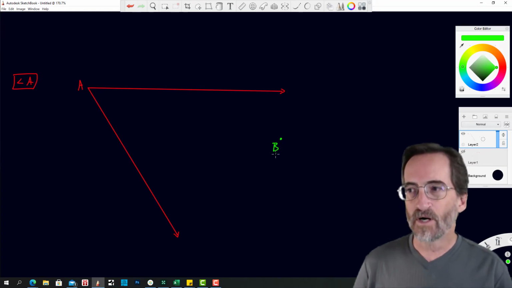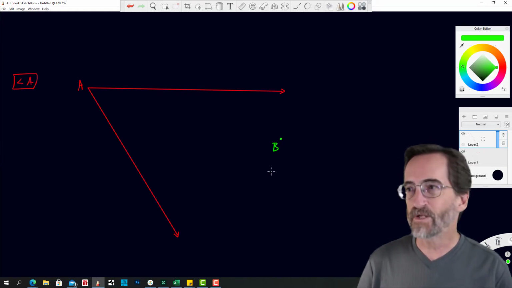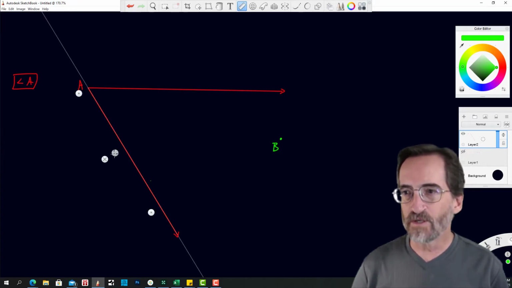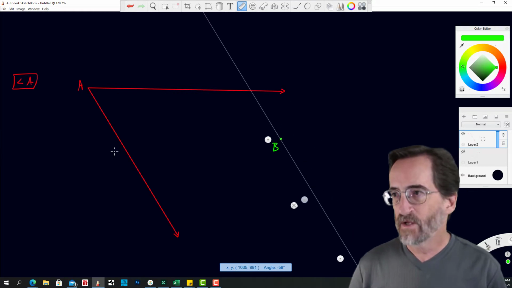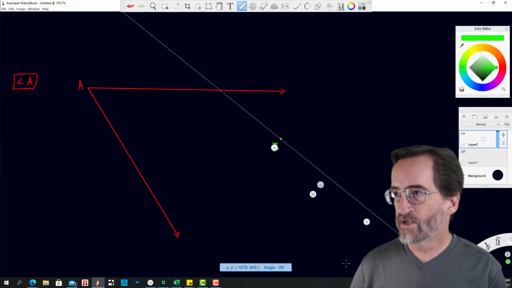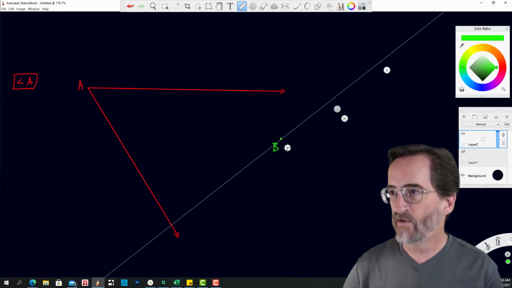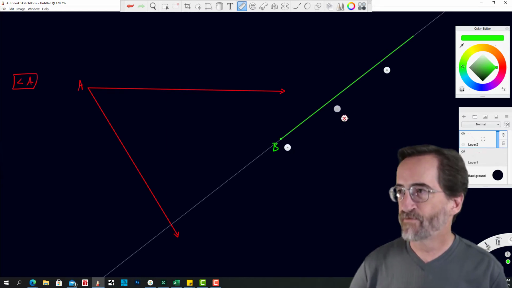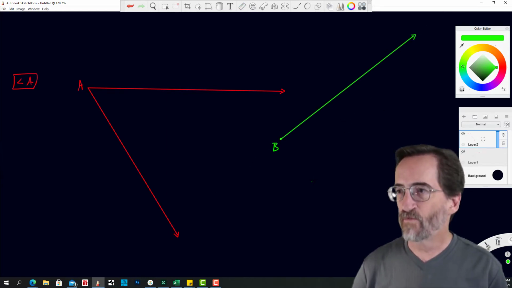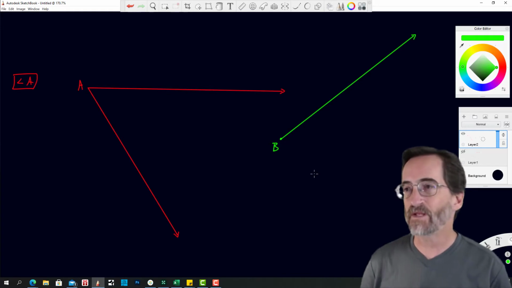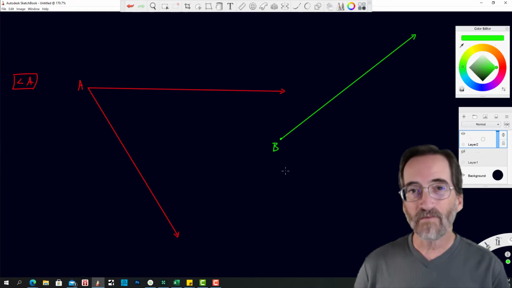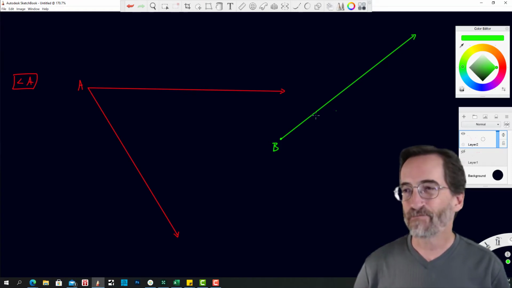Then I'm going to use my straight edge to draw a ray from B in any direction I like. I'm going to have it go off to the upper right in this case. So we've got a ray starting from B, and that is going to be one of the sides of my angle.